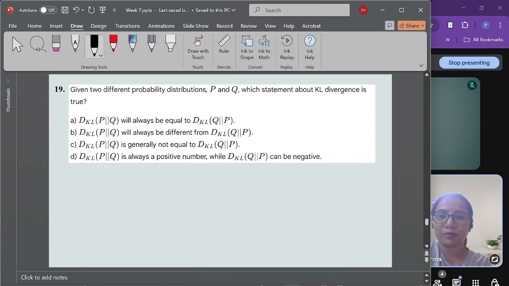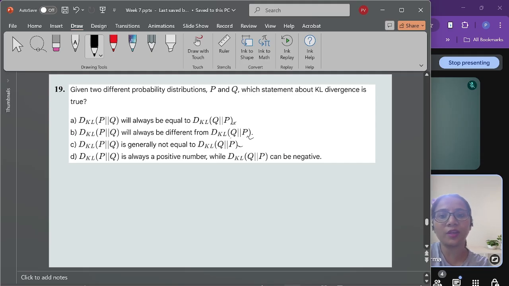D_KL(P||Q) will always equal D_KL(Q||P), or D_KL(P||Q) is generally not equal to D_KL(Q||P), or it is always a positive number while D_KL(Q||P) can be negative. Given that P and Q are different, which statement can be concluded?